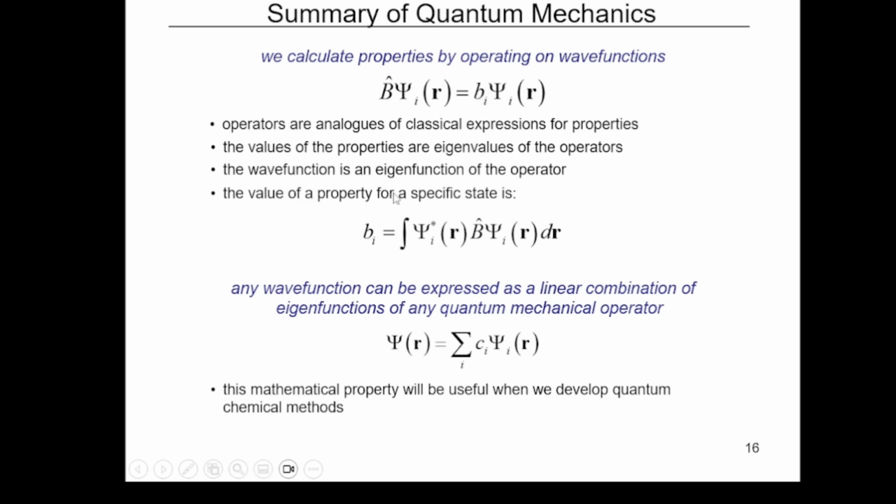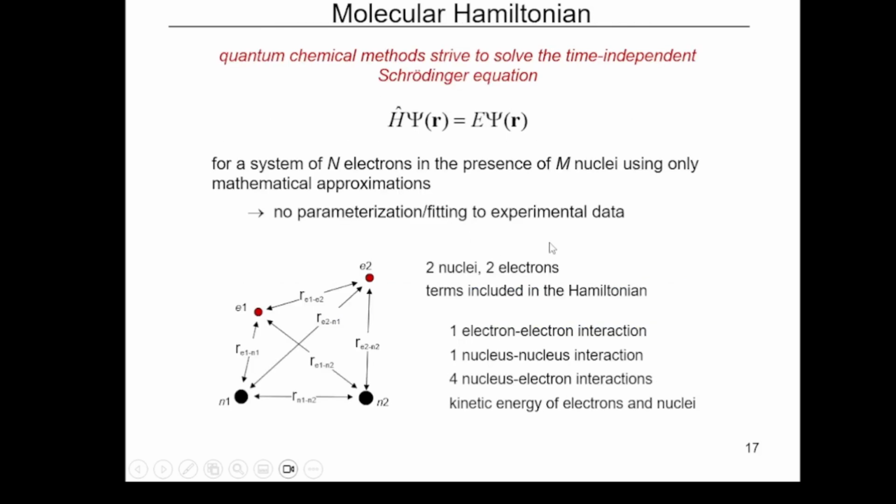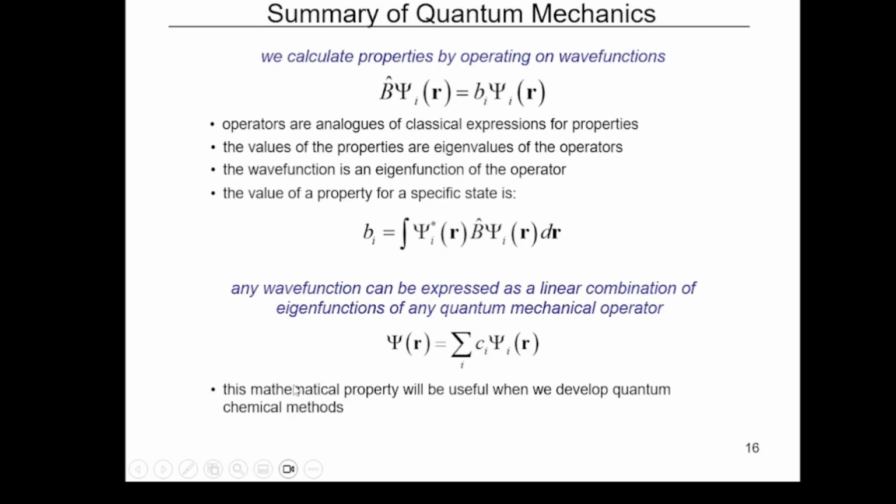The value of the property for the specific state is Bi, which can be given as the wave function, conjugate wave function, or square modulus, multiplied by this operator into dr. So this mathematical property will be useful when we develop quantum chemical methods. So any function can be expressed as a linear combination of eigenfunctions of any quantum mechanical operator.